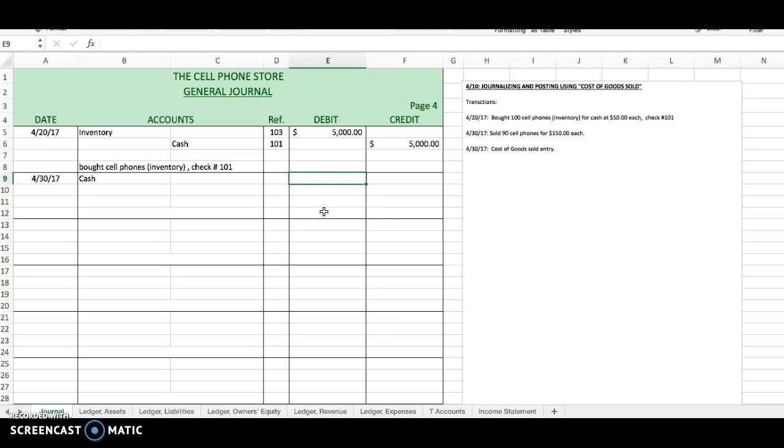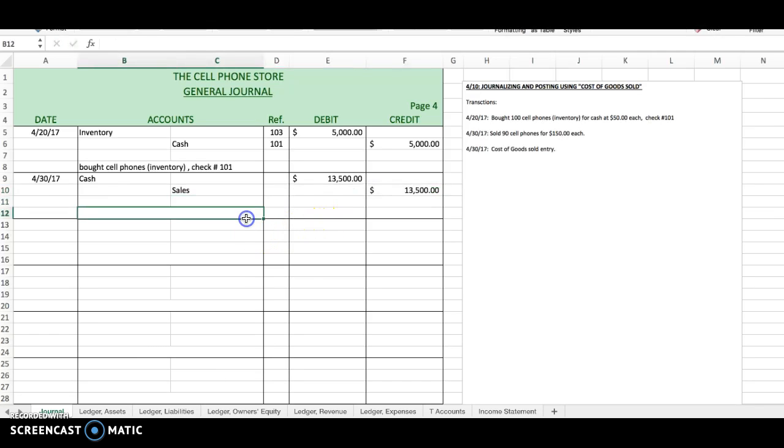Well, we sold 90 at 150 each. That's 13,500 if you multiply that out. And because we got money, cash was debited, and the revenue account could be called revenue. We often call it sales. Is a revenue account, and it increases on the credit side.